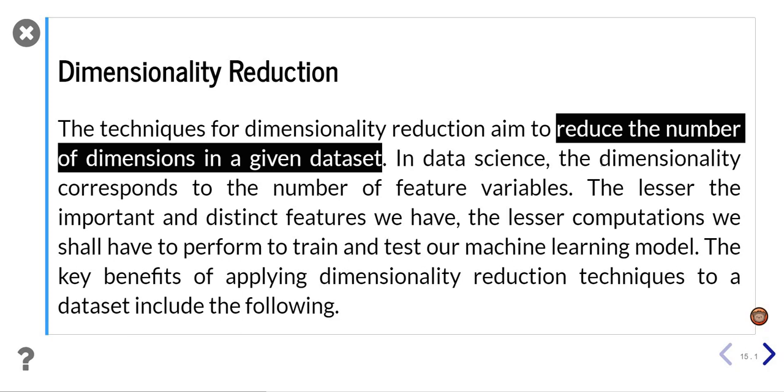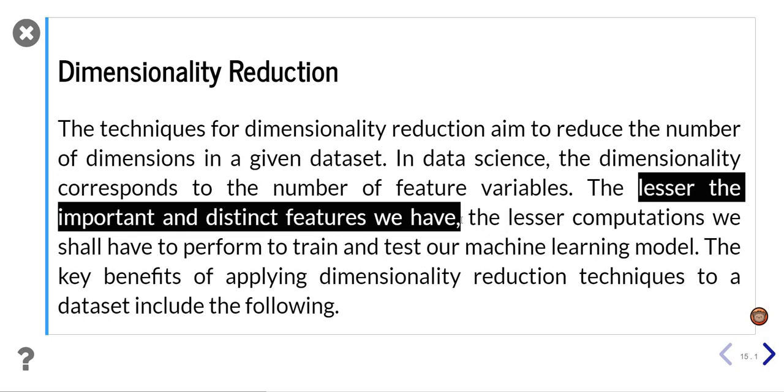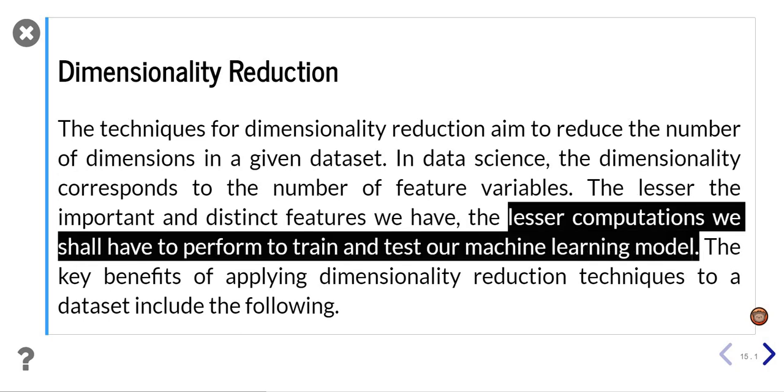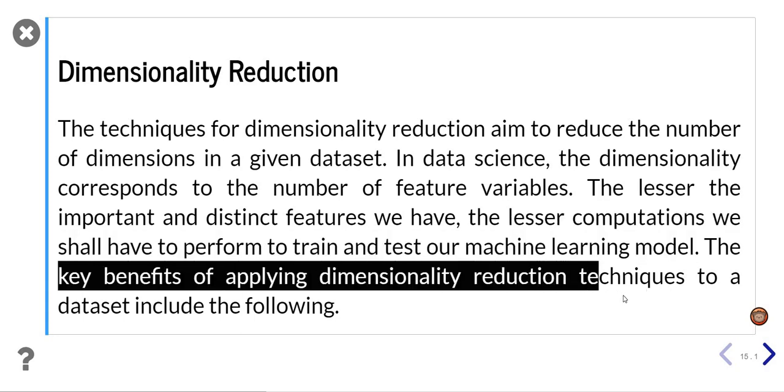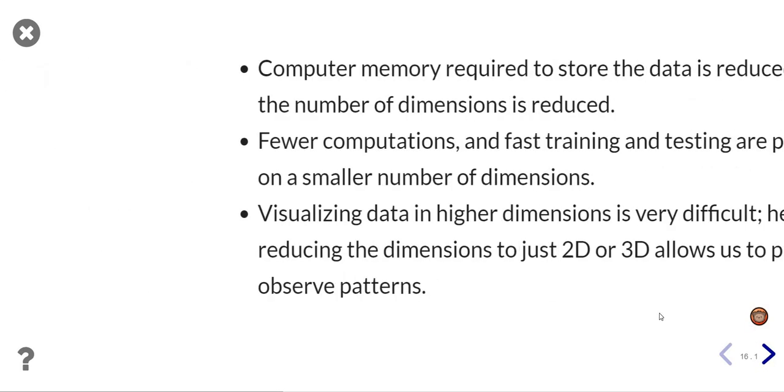In data science, as I mentioned, dimensionality refers to the number of feature variables. The fewer and more distinct features you have, the fewer computations you have to perform on training and testing your machine learning model. Some of the key benefits of applying dimensionality reduction to a data set include the following.